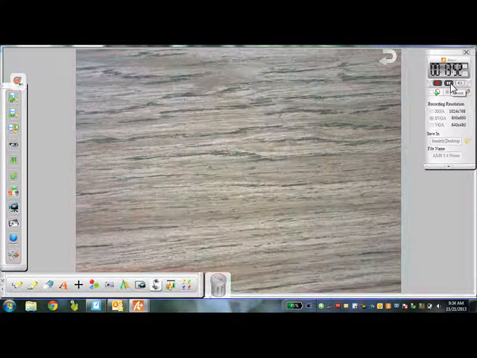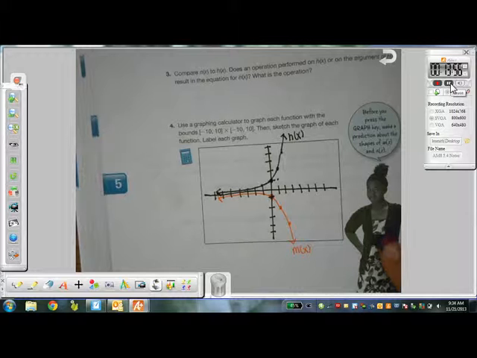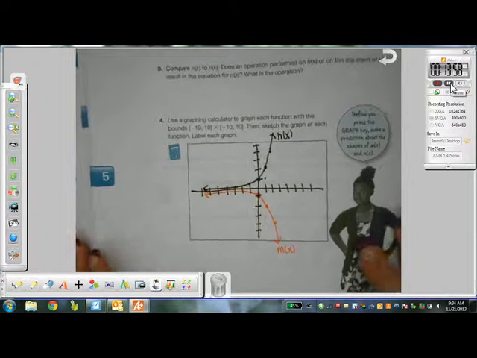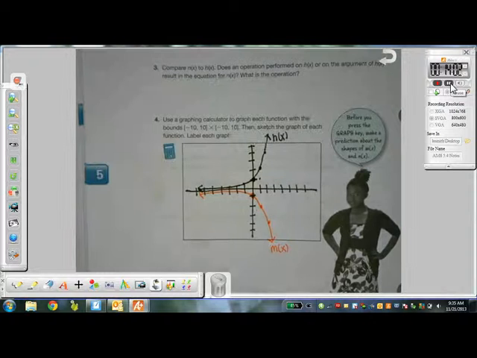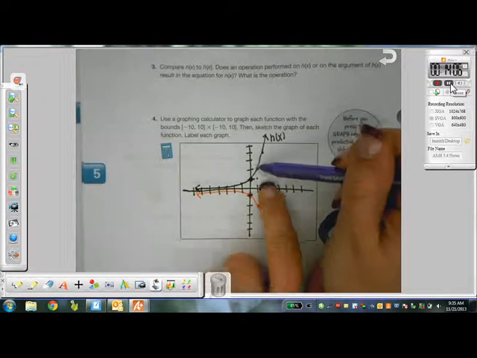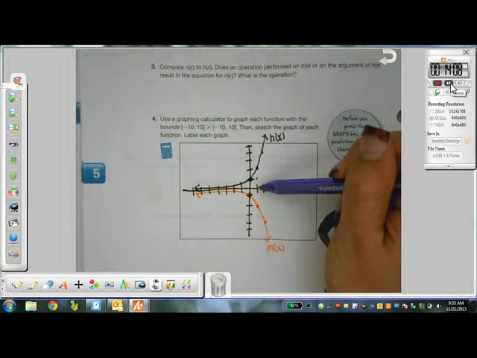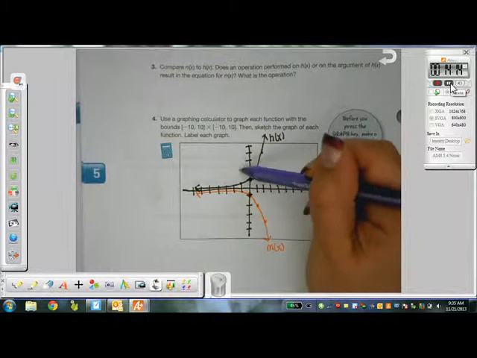So, looking at your graph, does it look like the y-intercept changed at all? No, so your y-intercept is still going to be 0, 1. But all of my x values changed to negative. So where my y value was 2, my x was positive 1. So if I wanted to keep that same y value as 2, what would my x be in that case? Negative 1.